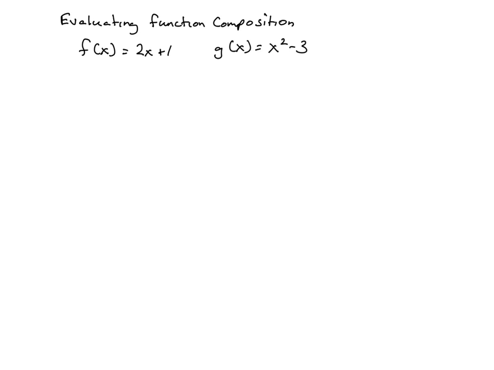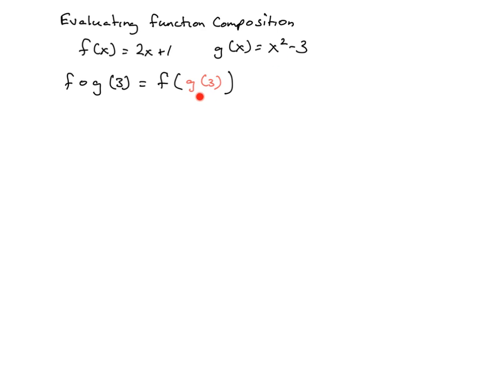So the first thing we have is, let's say, find f of g of 3. For that notation, I'm going to take the value of function g at 3, so I put 3 in for x. g of 3 is 3 squared minus 3, which is 9 minus 3, which equals 6.